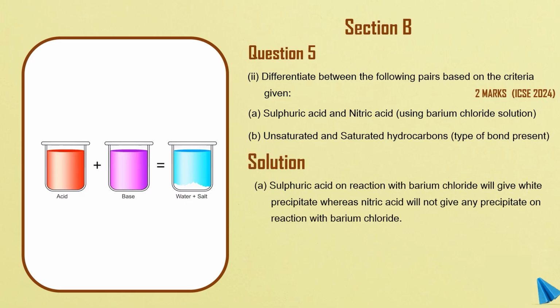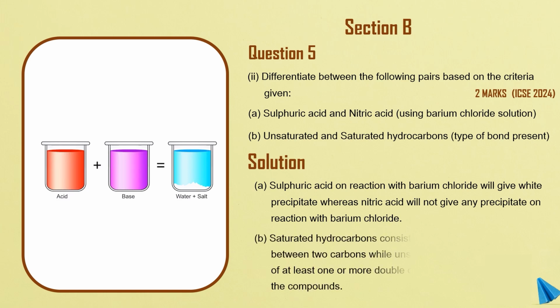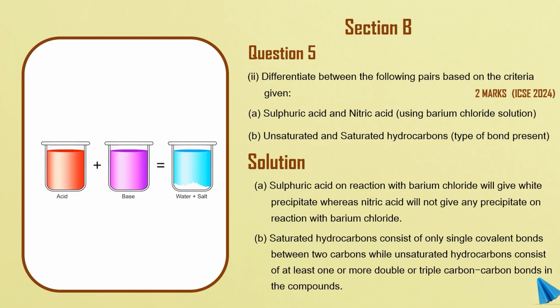The answer to the first question is sulfuric acid on reaction with barium chloride will give a white precipitate, whereas nitric acid will not give any precipitate on reaction with barium chloride. For B, saturated hydrocarbons consist of only single covalent bonds between two carbons, while unsaturated hydrocarbons consist of one or more double or triple carbon-carbon bonds in the compounds.